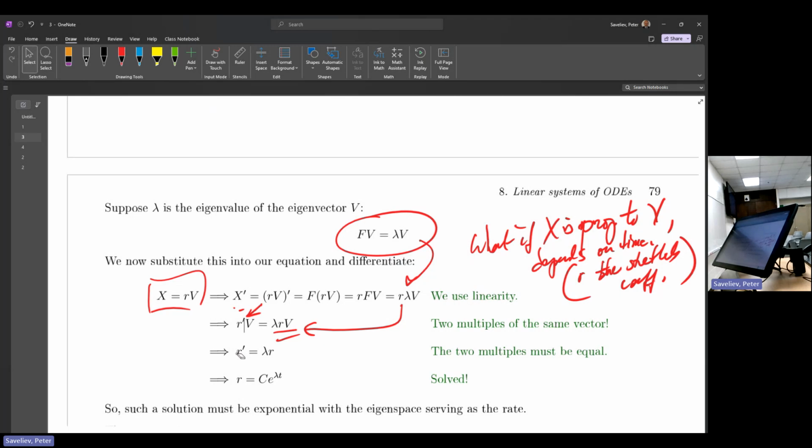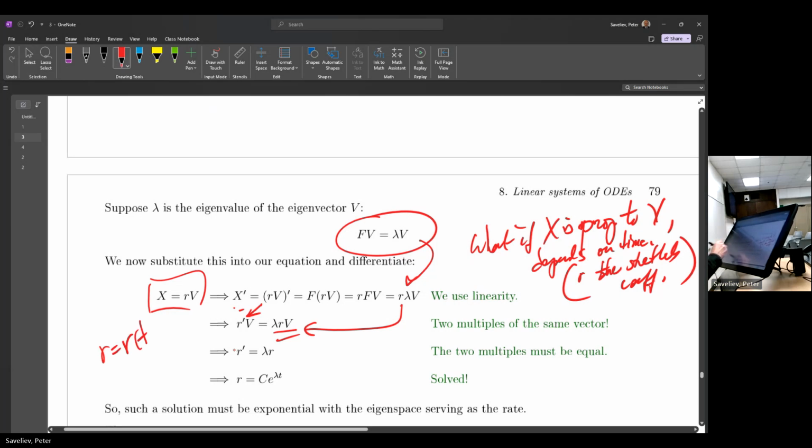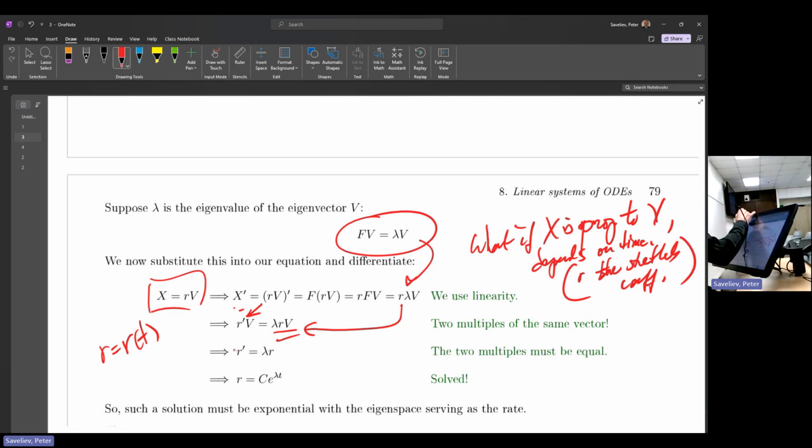So in this case, however, R equal to R(t) is just a numerical function. And so when you differentiate over here, that's where I want to point it out. So we have R v, where v is constant, but R depends on t. When you differentiate, that's what happens.